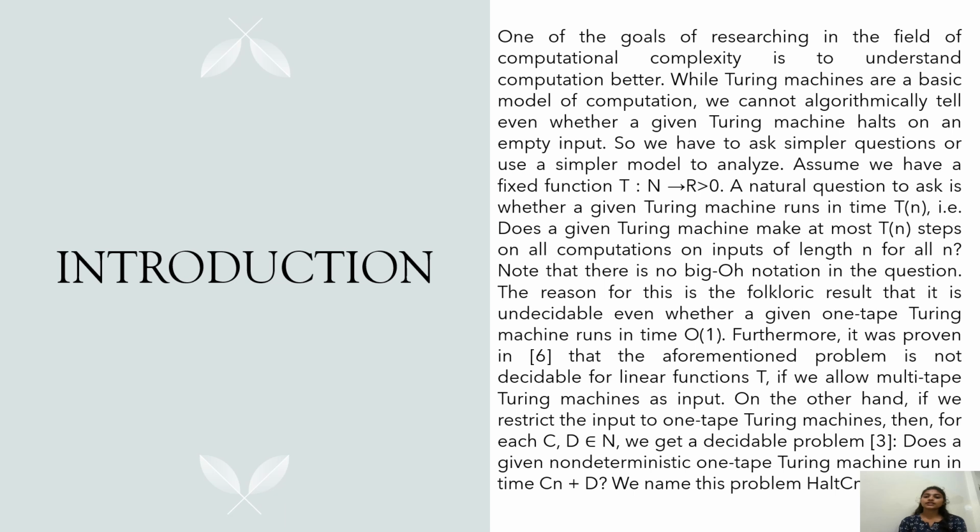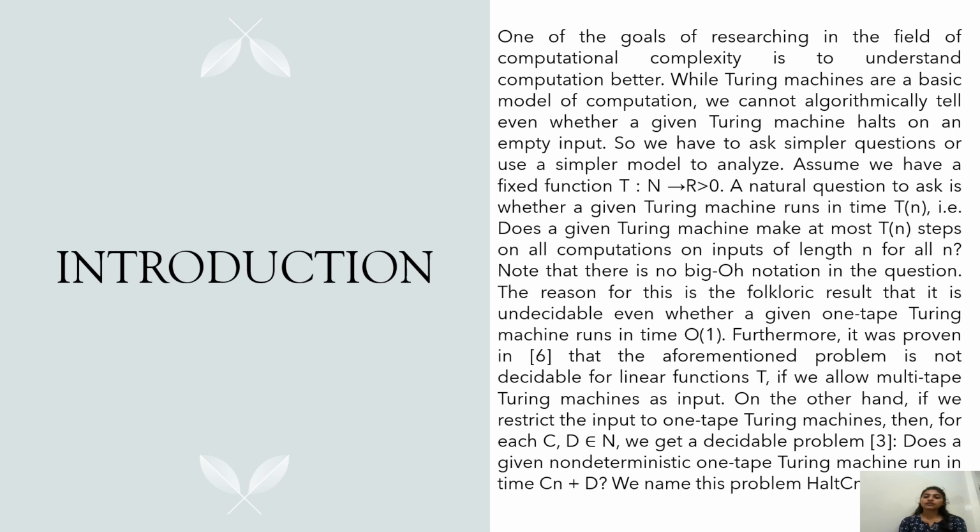The reason for this is the folkloric result that it is undecidable even whether a given one-tape Turing machine runs in time O of 1. Furthermore, it was proven that the aforementioned problem is not decidable for a linear function t, if we allow multiple tape Turing machines as input.